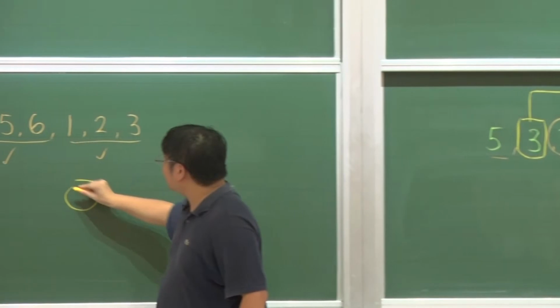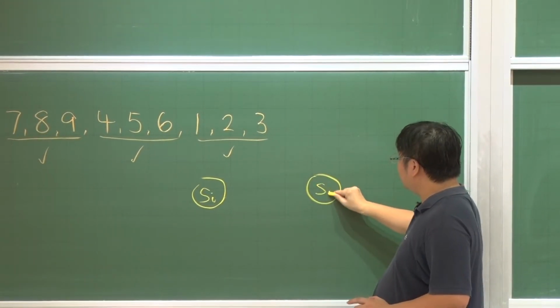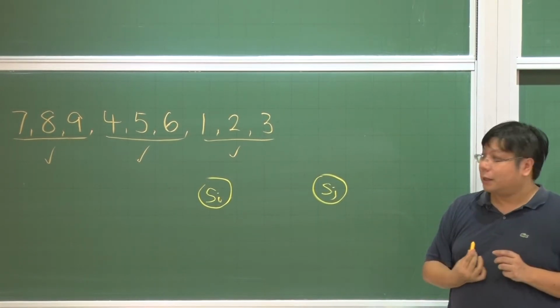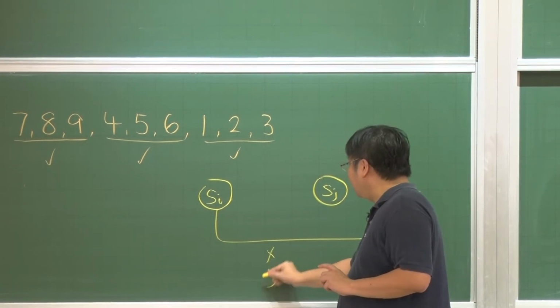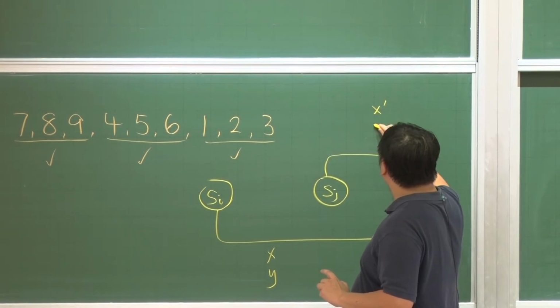So let's say this is the number Si, and let's say this is another number Sj. So let's say j is somewhere after Si. Now, let's say this is X and then Y. Let's say this one is X prime and then Y prime.